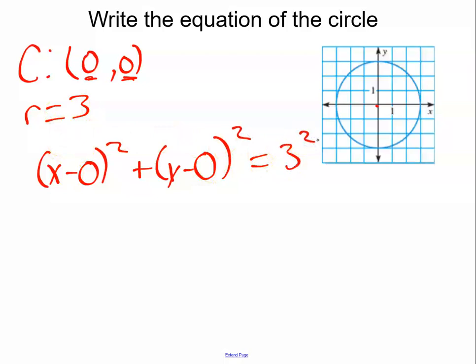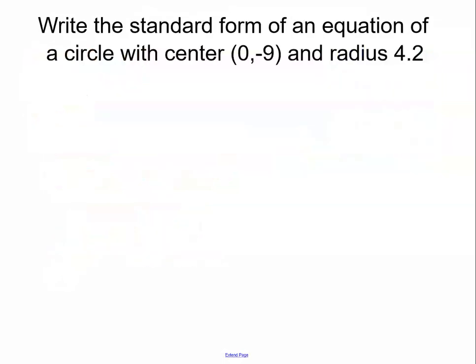You can't always simplify this part, but in this case, when you subtract 0, it doesn't change anything, so x minus 0 is the same thing as x squared. Same thing here, that's just y squared. And 3 squared is 9. That is the equation of this circle.